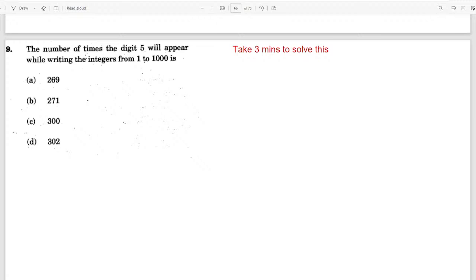So one has got option D, one has got option A, and now one has got option B. It's 269, 302, and B is 271. So we'll see how to go about this question. People who are solving it, please post your answers.